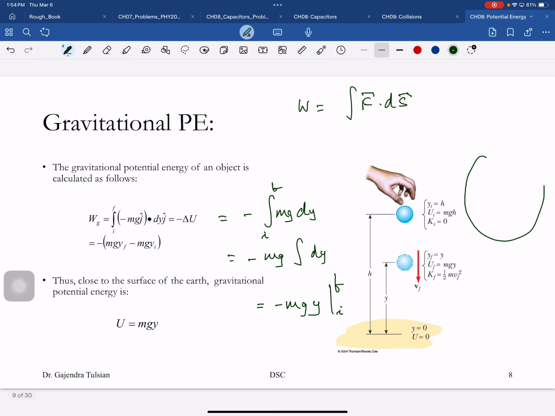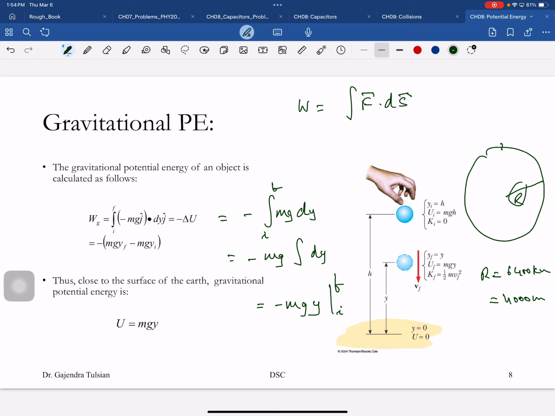g is constant as long as, so here's the radius of the Earth. Anybody know the radius of the Earth? 6,400 kilometers? Very good, 6,400 kilometers, 4,000 miles. So as long as you jump small distances, small compared to this, then g is constant. We'll even let you jump 40 miles.